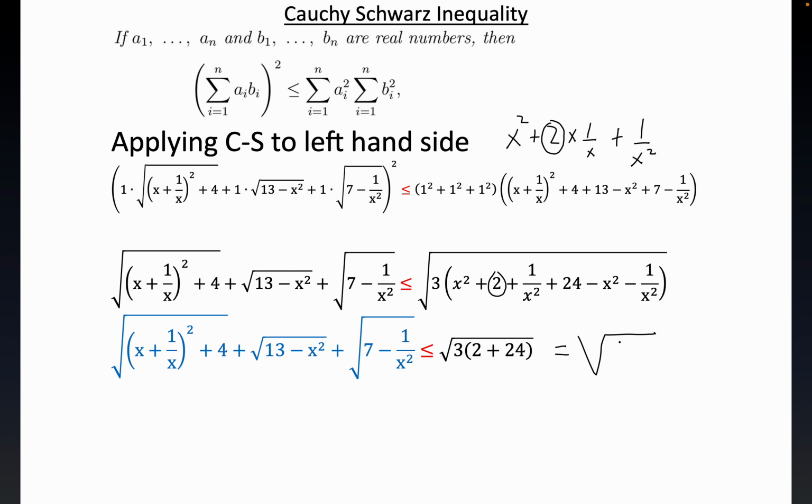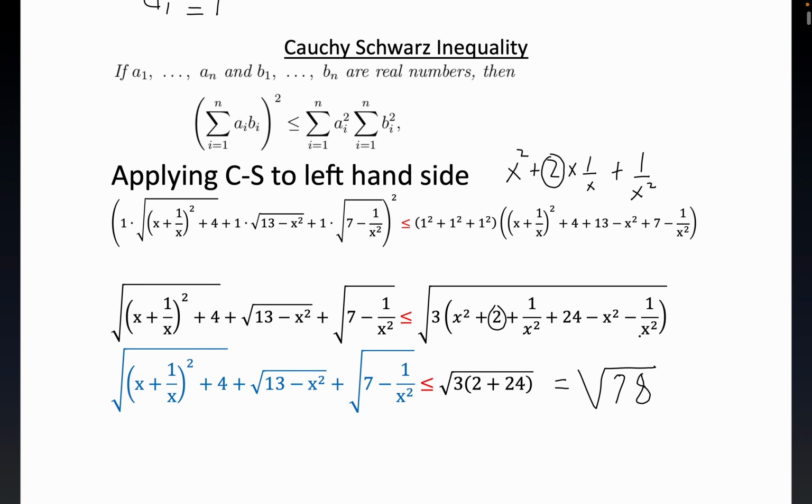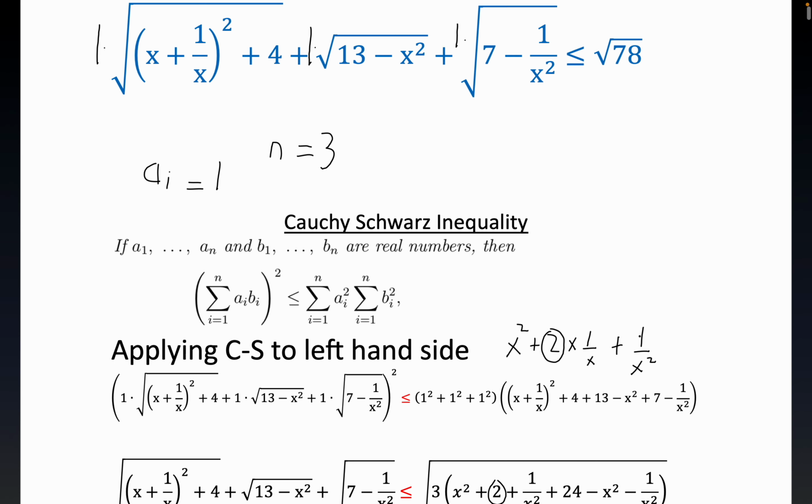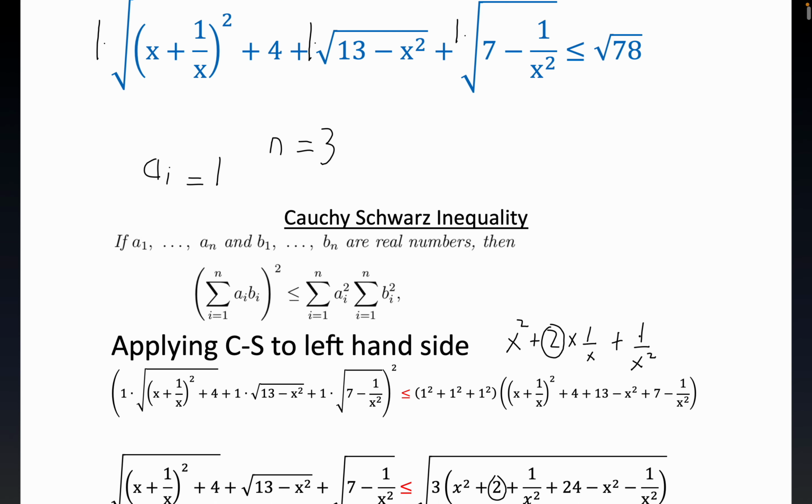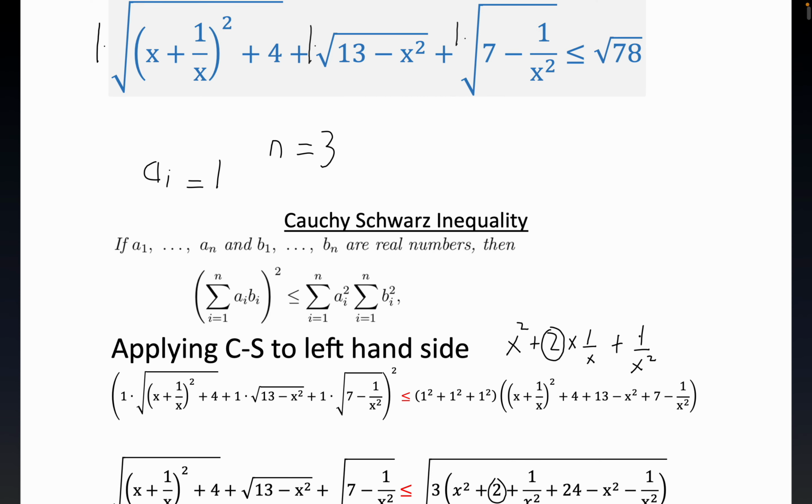It's an absolute max. I wasn't trying to find out where the max occurred. I think you can do that if all of these lie on the same line. The equality condition would happen if you had something like a sub i equals lambda, the letter you see a lot in linear algebra, times b sub i.